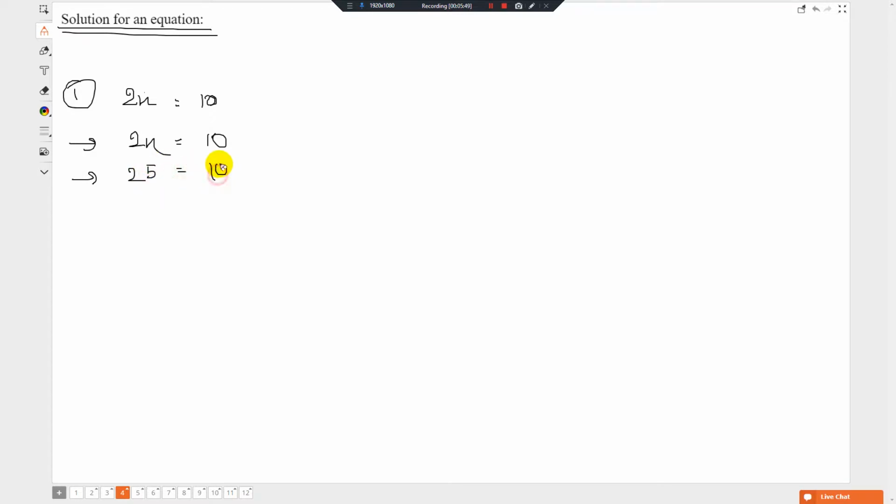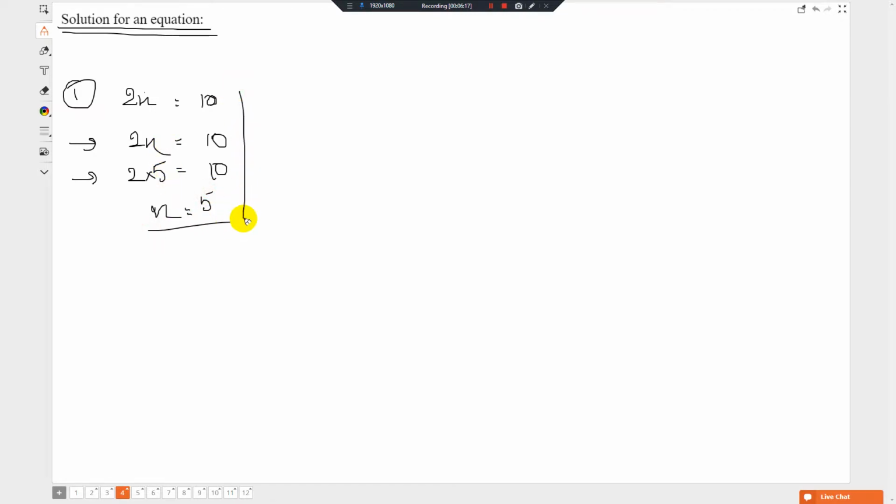No, we can't, because which symbol is here in the middle of n and 2? Yes, multiplication. So what do we keep here? 2 into 5 is equal to 10. So what would n be now? Yes, 5. n is 5.